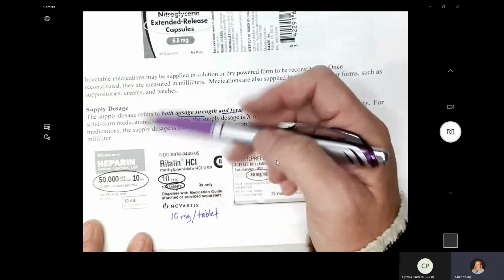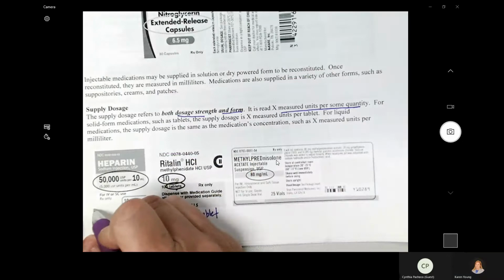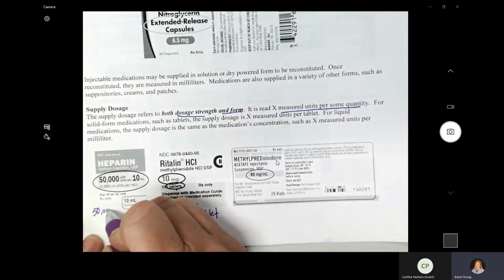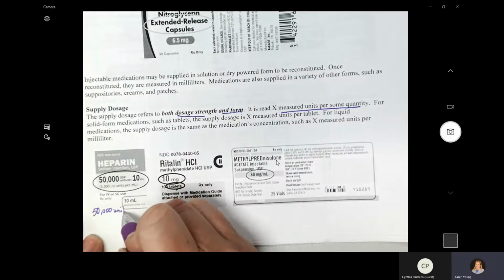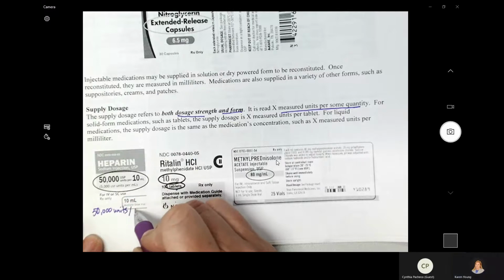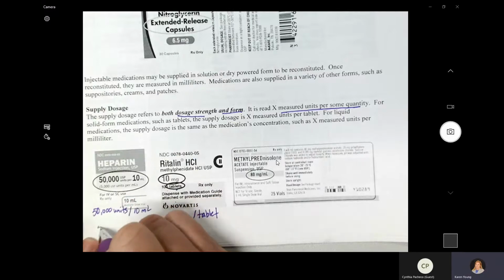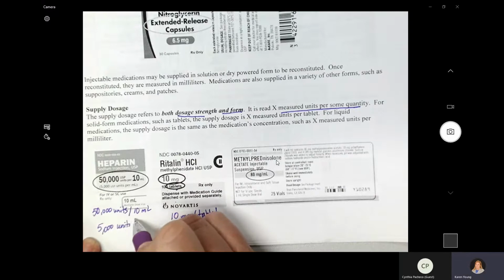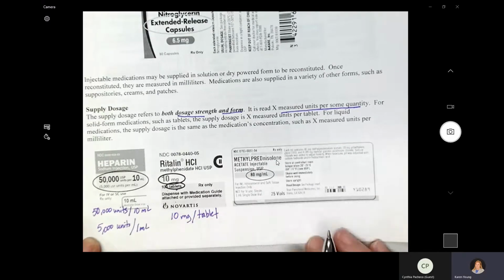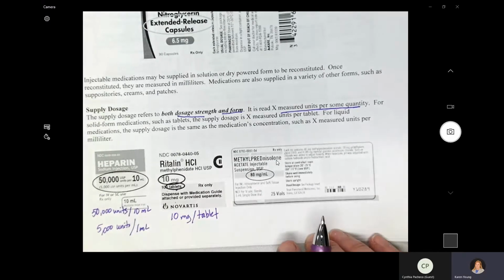So they're equivalent measurements. I could write this one as 50,000 units per 10 milliliters, or as 5,000 units per 1 milliliter. I can use either one of those.